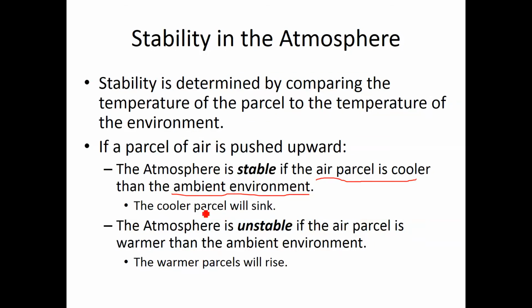On the other hand, the atmosphere is unstable if the parcel is warmer than the ambient environment. In this case, the parcel will rise. So it'll sink if it's cooler than the ambient environment, and it'll rise if it's warmer.